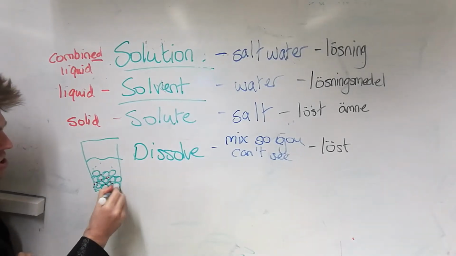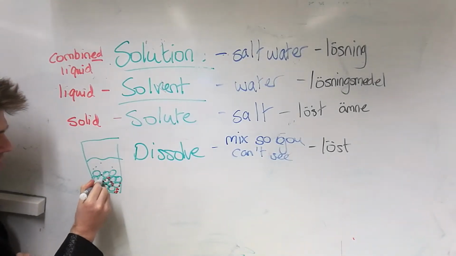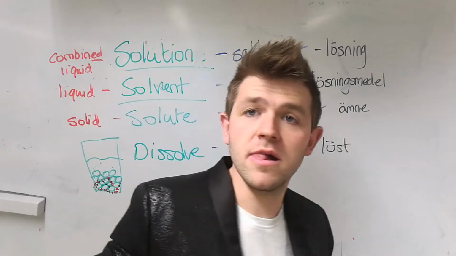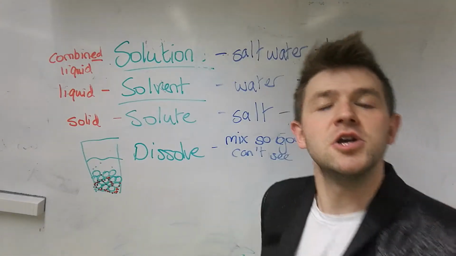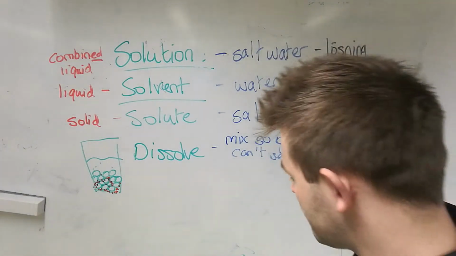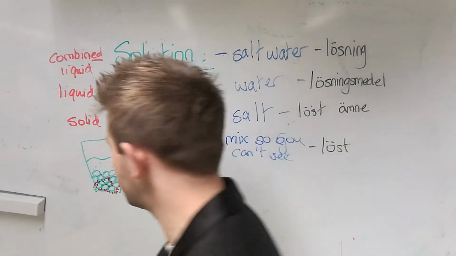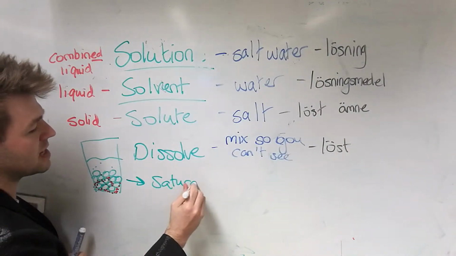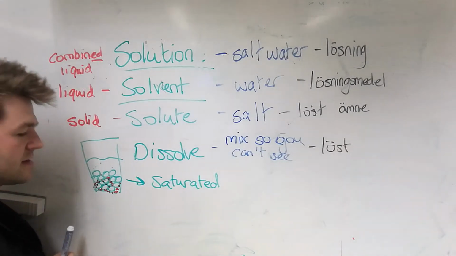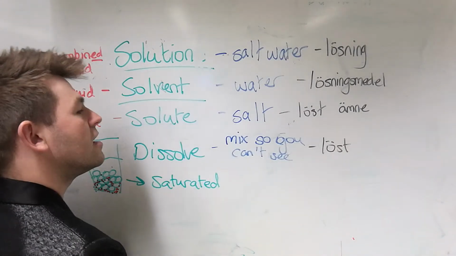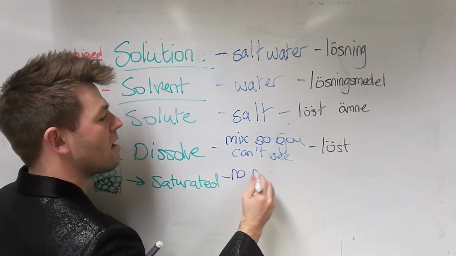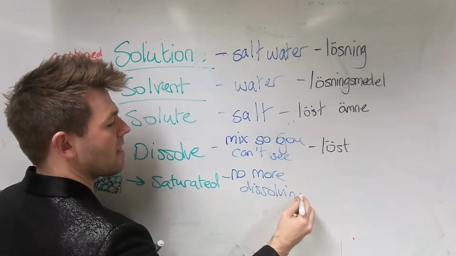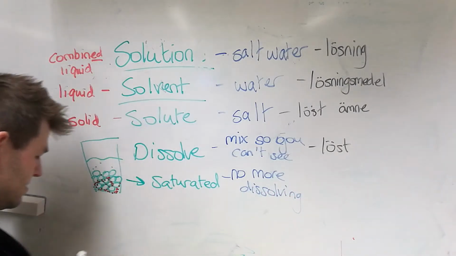If I put in too much salt, where else can it go? There is no more space. So it cannot go anymore. What I've done is this here then becomes saturated. I can do no more dissolving. There is no more space for it.